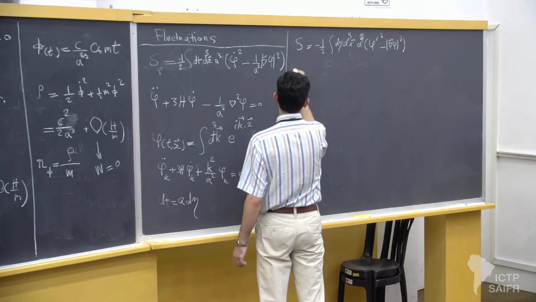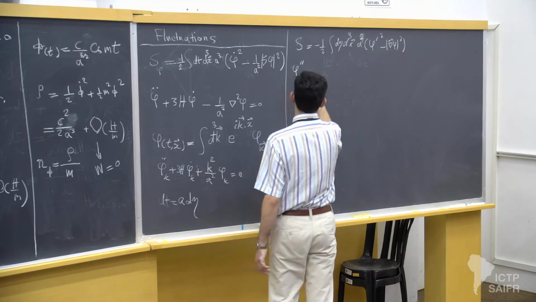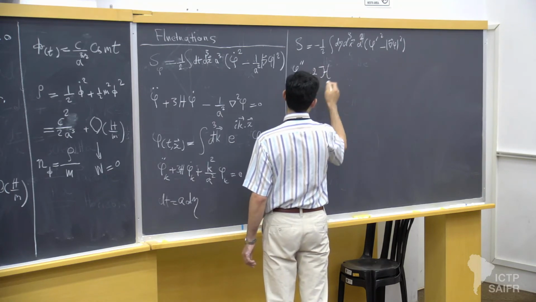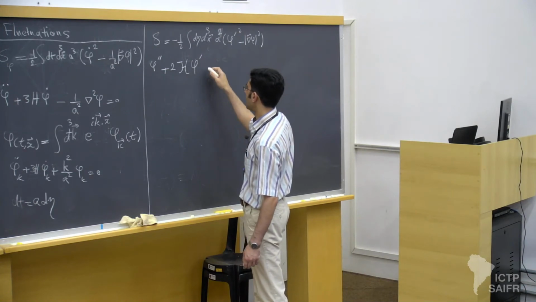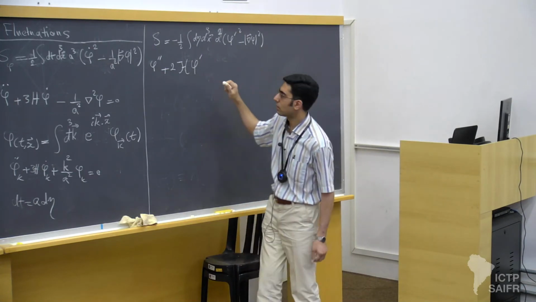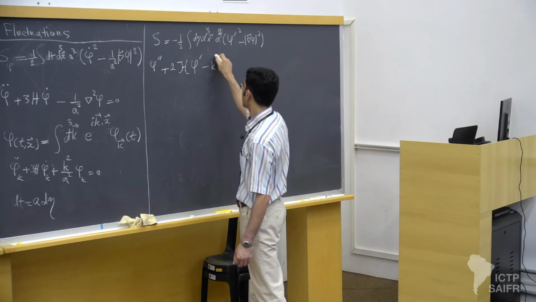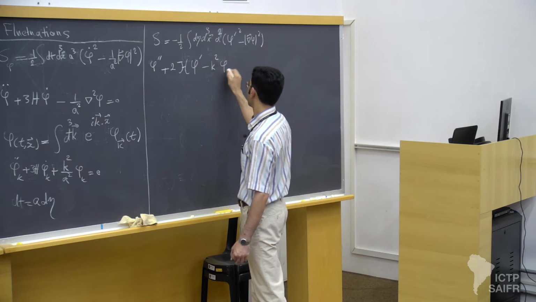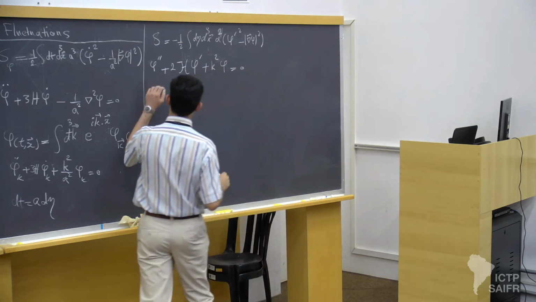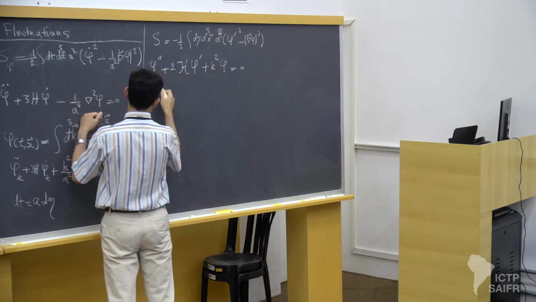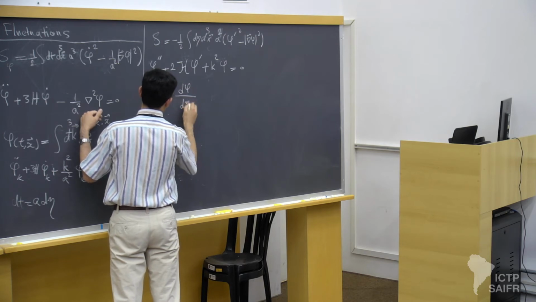And then the equation becomes phi double prime plus 2 curly h phi prime plus k squared phi equals zero. Now I define this curly h to be the Hubble parameter defined in terms of this conformal time. This is positive. Prime means d phi by d eta.